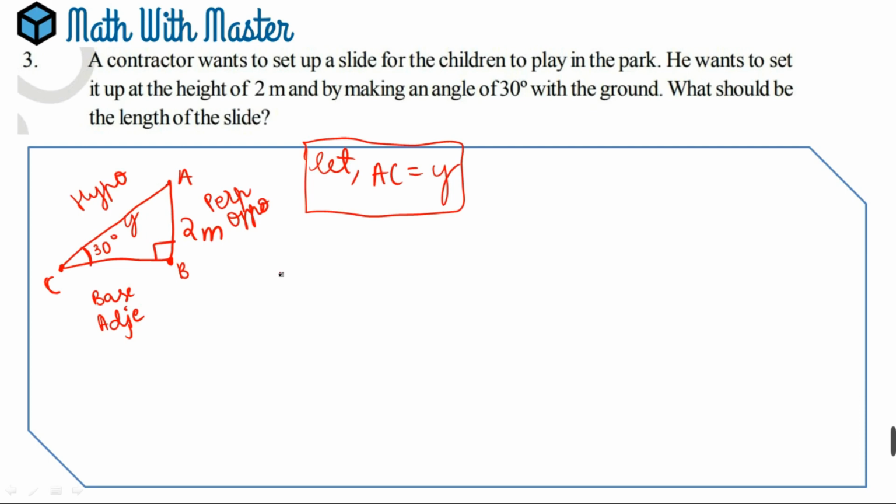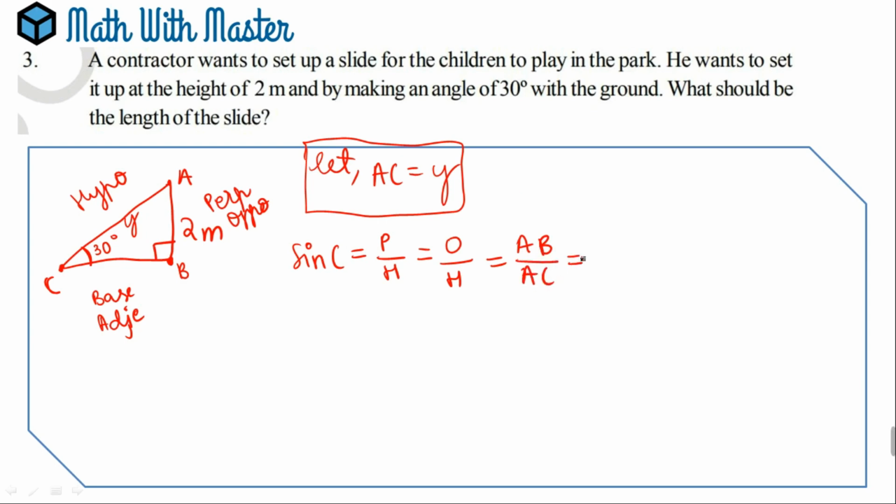So what is perpendicular upon hypotenuse? Sine theta. What is hypotenuse upon perpendicular? It is cosec theta. So sine C is equal to perpendicular upon hypotenuse. It is also equal to opposite upon hypotenuse. The terms are the same, perpendicular or opposite, base or adjacent.